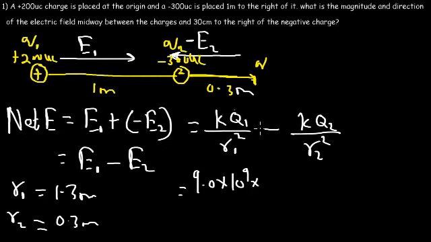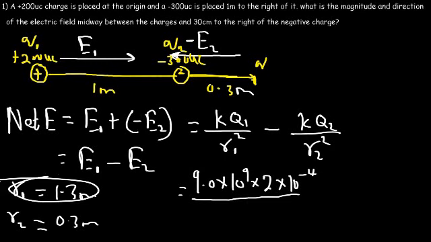Then I multiply this by the value of Q1. Q1 is positive 200 microcoulombs, which turns out to be 2.0 times 10 to the power of negative 4 coulombs. Then I divide this by R sub 1 squared, that is 1.3 squared.